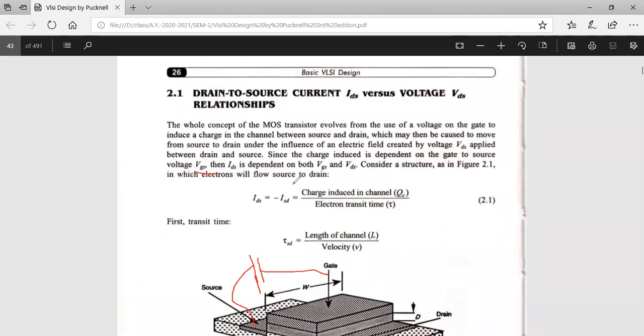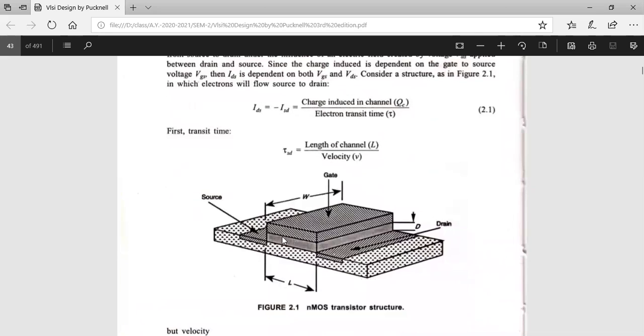Then what is this concept of IDS and VDS? First, we are learning the structure of the transistor, what the different measurements are and what they indicate.